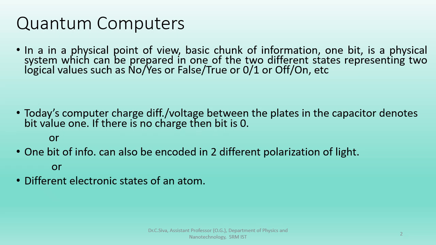However, information can also be encoded in other physical systems like the polarization of photons or electronic states of atoms. This highlights that information is fundamentally physical, and how we store it determines the limitations and possibilities of computation.